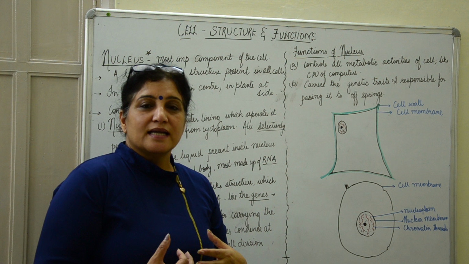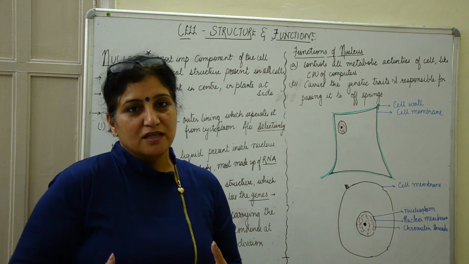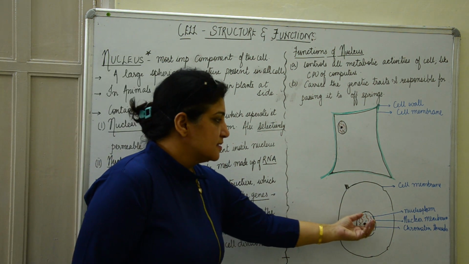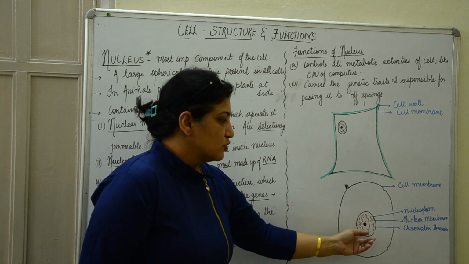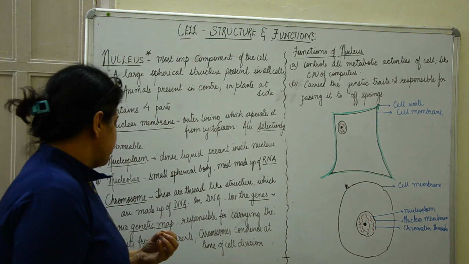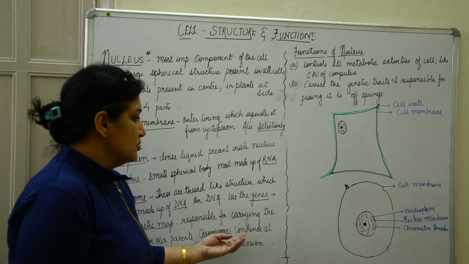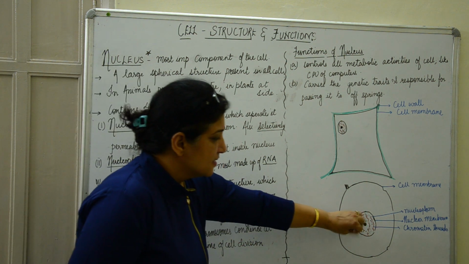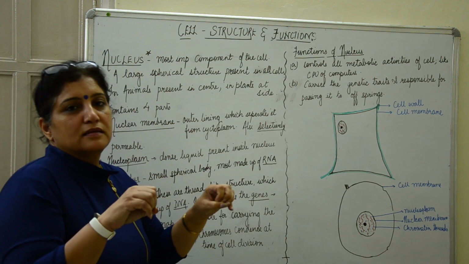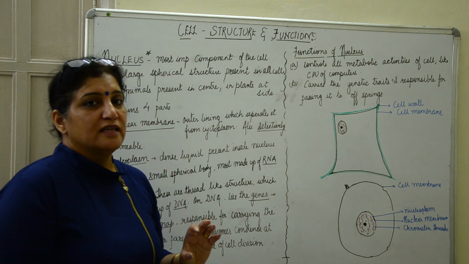Things like that are our genes. This is what makes us what we are. These genes are carried on the chromatin threads, which are composed of DNA. They carry the traits of our parents, and when the chromatin threads condense into chromosomes and divide, we have 2 cells which have an equal amount of genetic information.